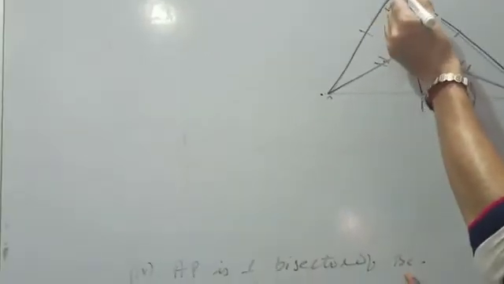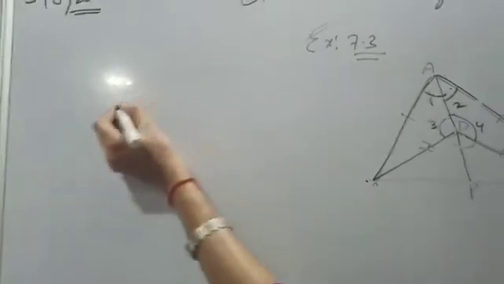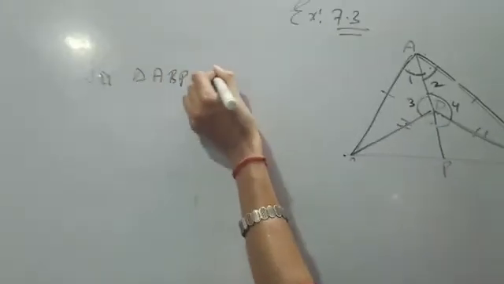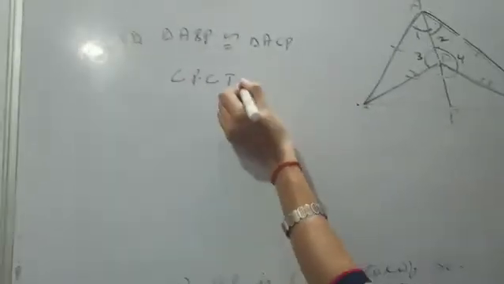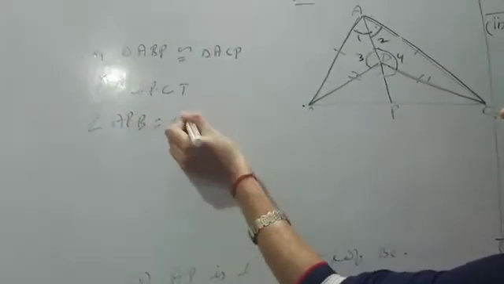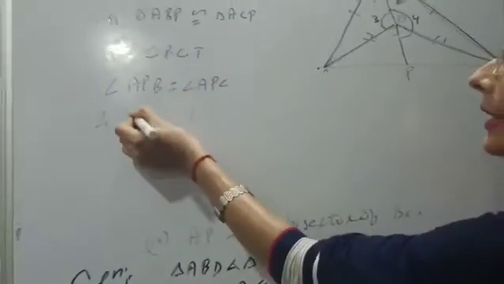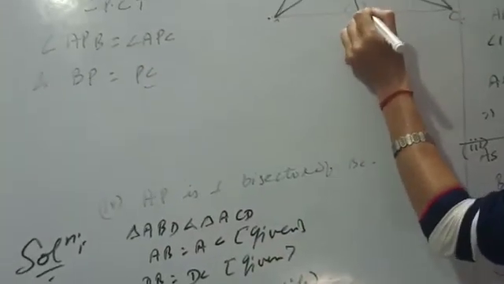As we proved ABP and ACP are congruent to each other, we will write here triangle ABP is congruent to triangle ACP, then by CPCT angle APB is equal to angle APC, both are equal, and by CPCT BP is equal to PC. Now these two angles are equal and BP is equal to PC, meaning it is bisected.